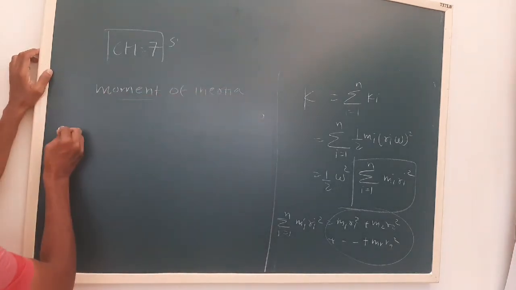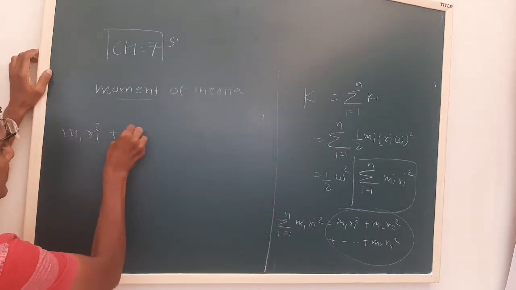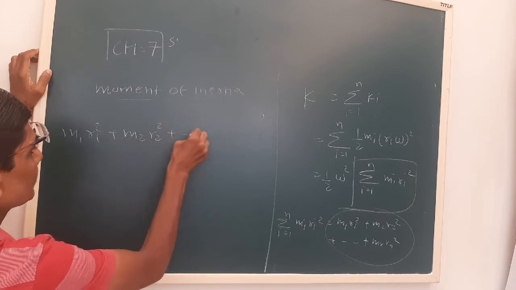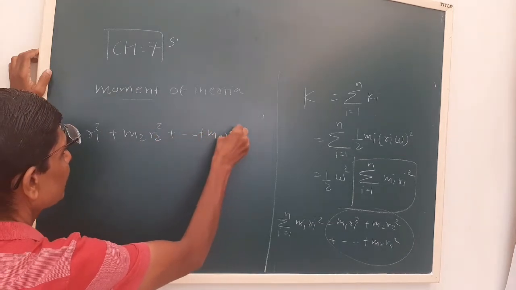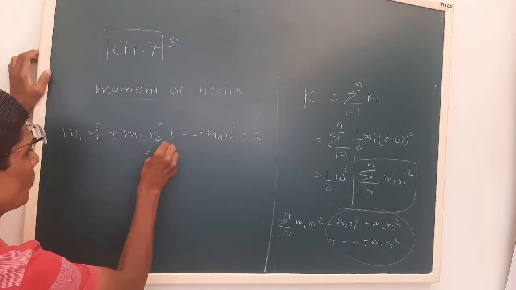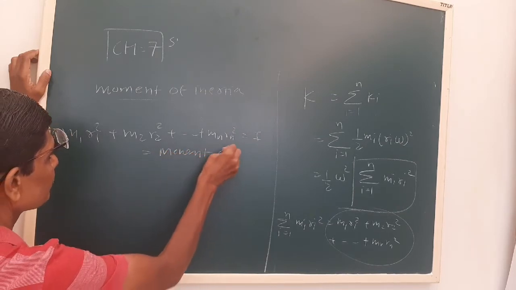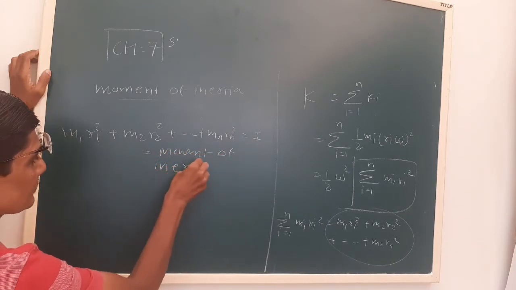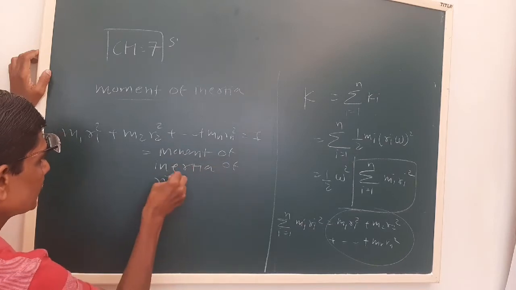This term, m1 r1 square plus m2 r2 square plus m_n r_n square, is called the moment of inertia of a rigid body about a given axis of rotation. We call it I, the moment of inertia of a rigid body about a given axis of rotation.